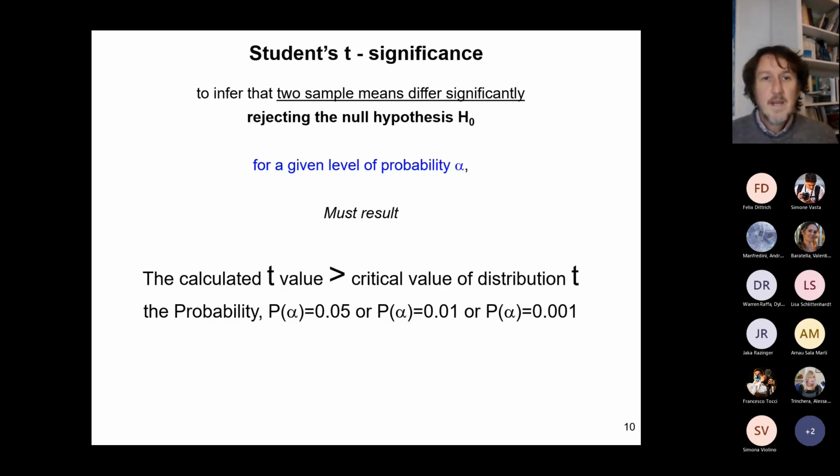So we have to infer whether two sample means differ significantly, rejecting or not the null hypothesis of equality between the means. So for a given level of probability alpha, for example 0.05 or 0.01, the t-value must be higher than the critical value of the t distribution for that probability.